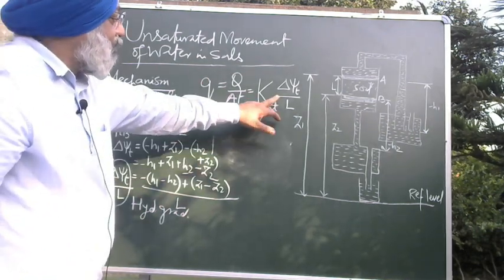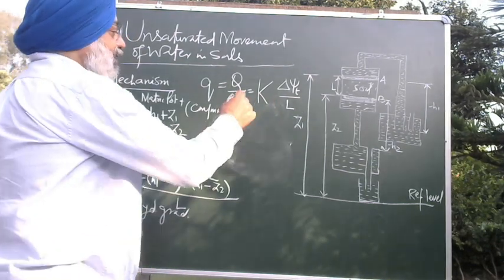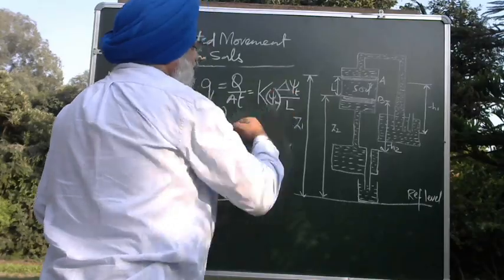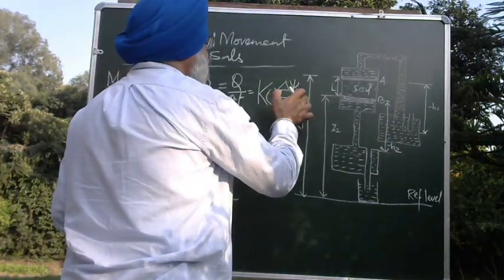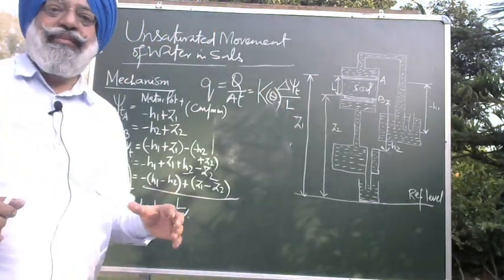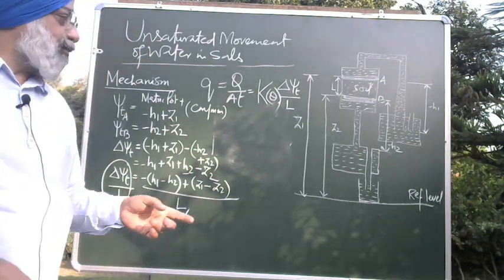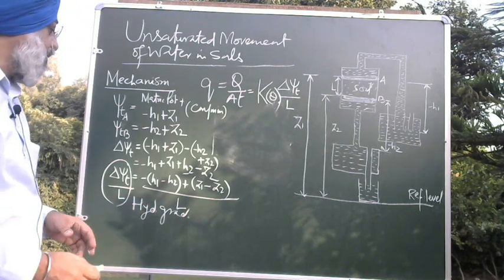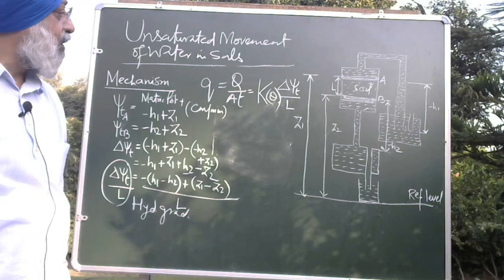Now here soil is not saturated, so hydraulic conductivity becomes a function of matric potential. It's a function of moisture. Let me initially say it is a function of theta. Now it will not be K sat, it will be K theta. I'll come back to this K theta, what happens to hydraulic conductivity under unsaturated conditions. So this becomes the equation.